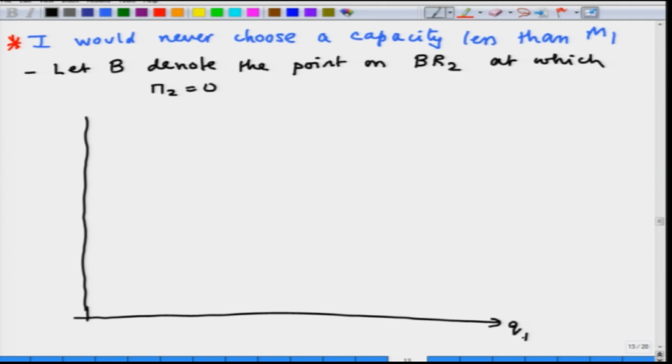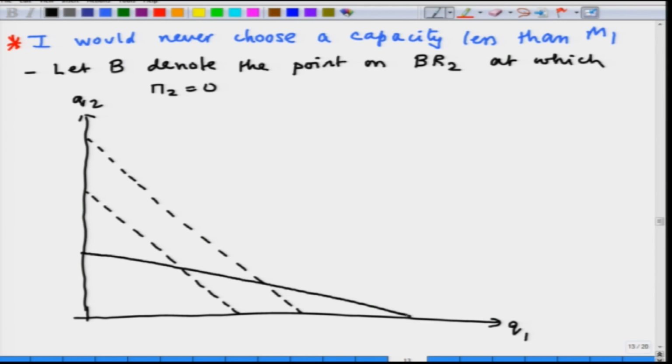So, we have Q1, we have Q2, and we have firm 2's best response curve BR2. This is T, this is V. Let us say B is a point like BL.